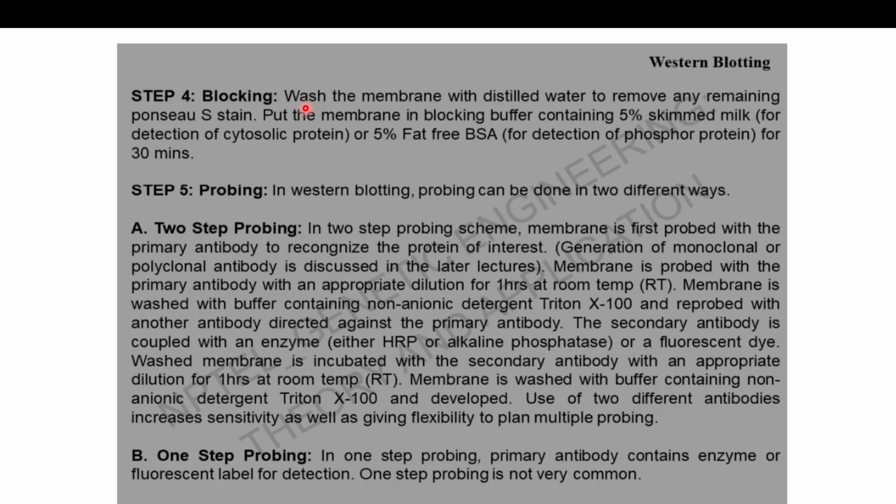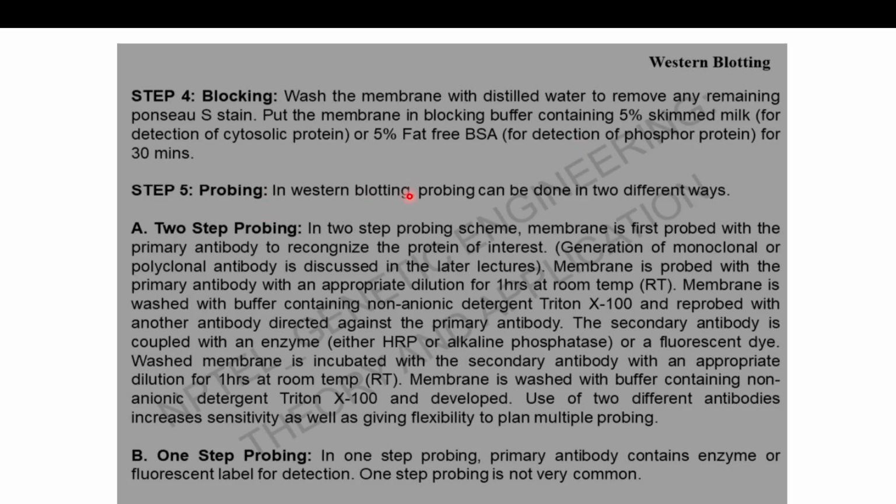You will be adding primary antibodies, and the primary antibodies should not bind to any other area of the membrane. They should bind only to the proteins exactly at the regions where the protein bands are present. So for blocking you use either skimmed milk or BSA, and then you probe.